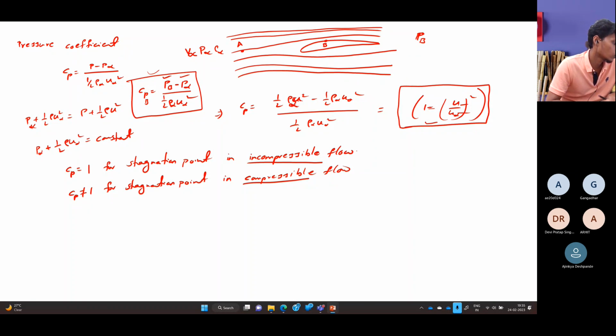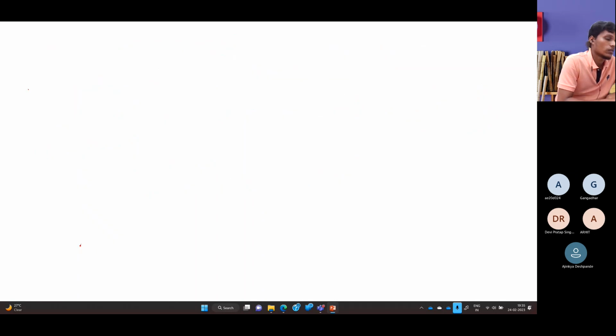Now a few more interesting concepts related to the present topic. We already saw that del dot v bar equals 0. This is the continuity equation.